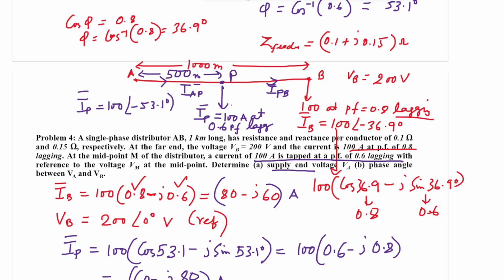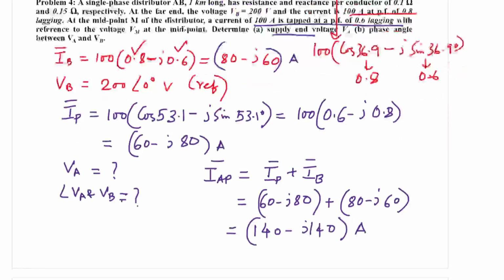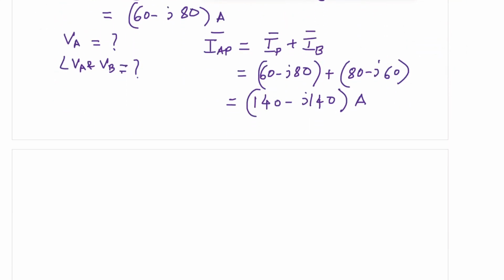So now what will be VAB? The voltage drop in this section, along AB. So it will be VAB.